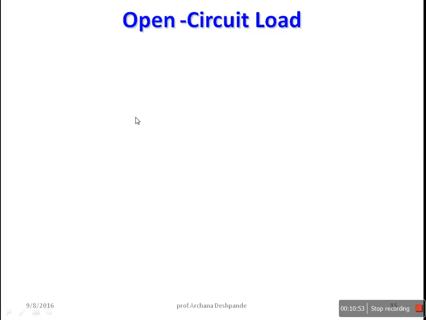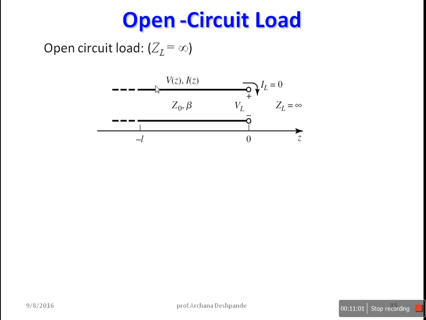Let's see the second special case, that is, an open-circuited load. Now I am going to connect the transmission line to a load which is open. Open indicates infinite load impedance. So the second case is the open-circuited load, wherein ZL is equal to infinity.